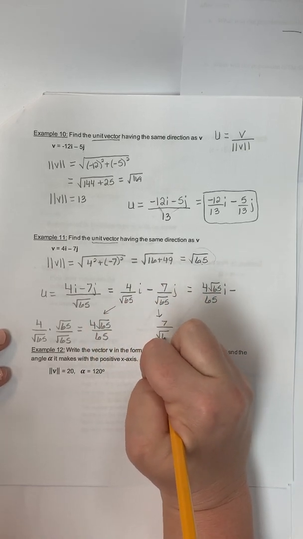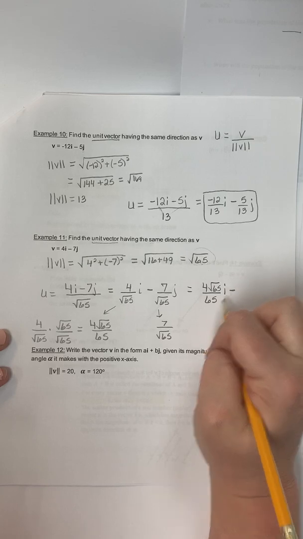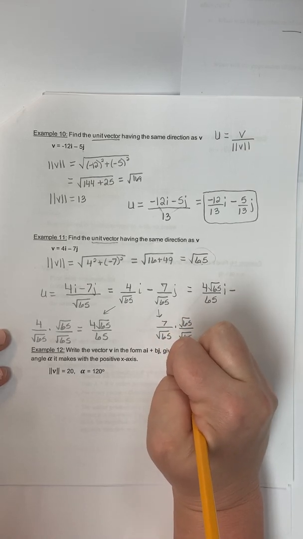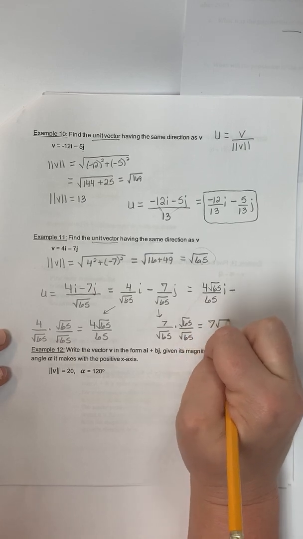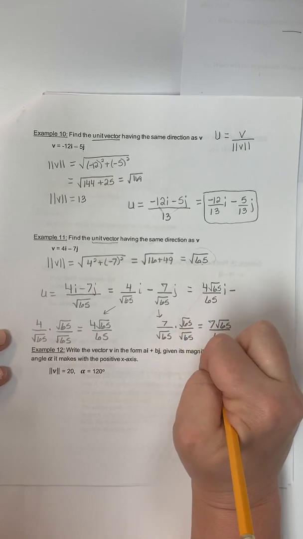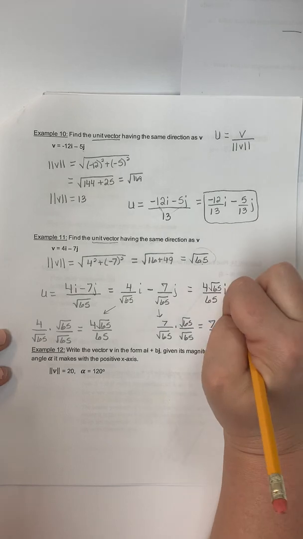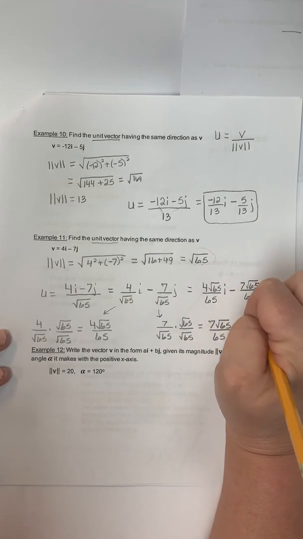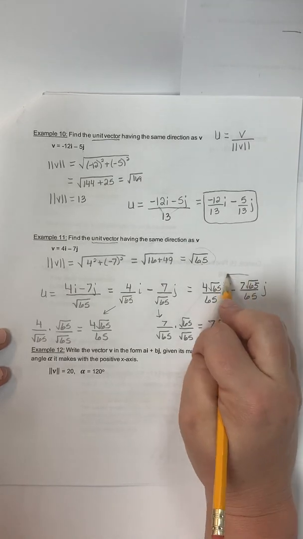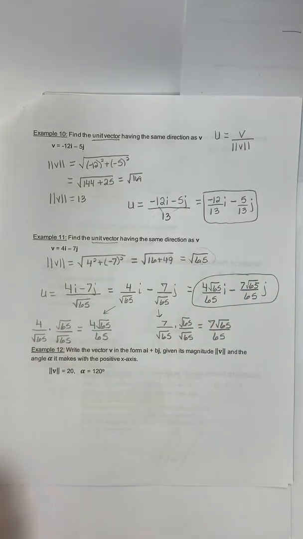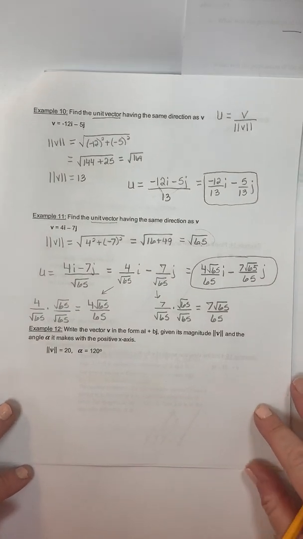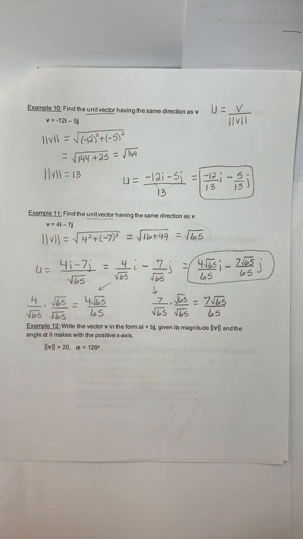I'm not worried about his sign because I already put it in over here. Let's rationalize the little J component. Gives me 7 square root of 65 over 65. And that's my J. And there's my answer. So again, it's not pretty, but that's it. It's not a hard process.